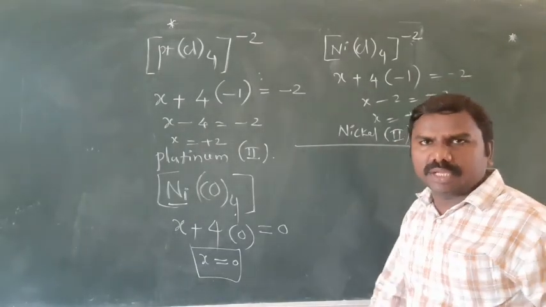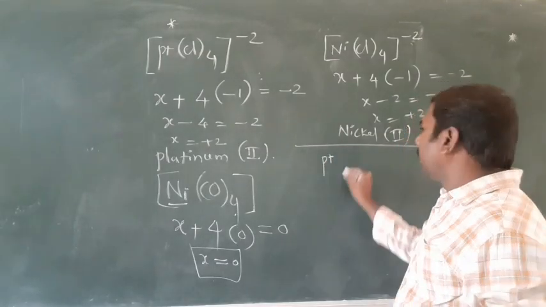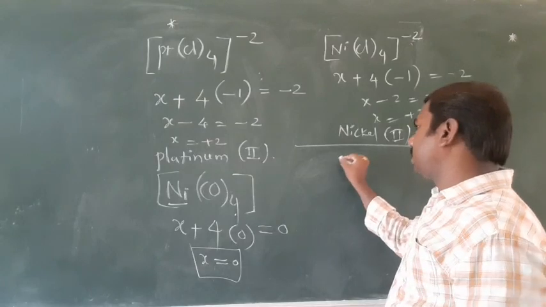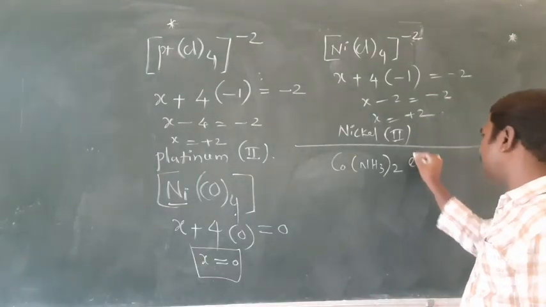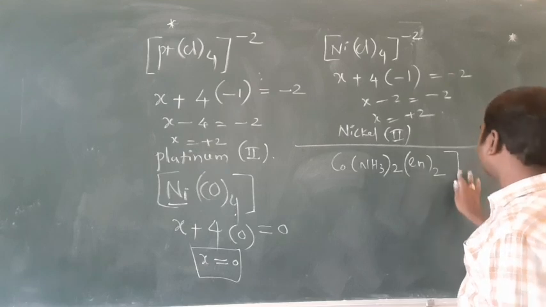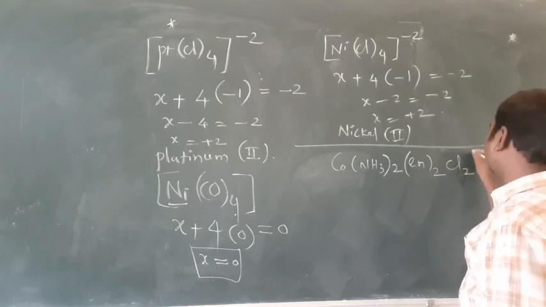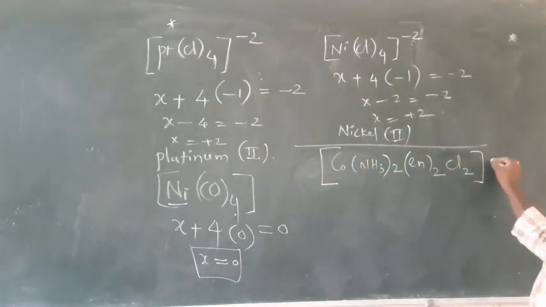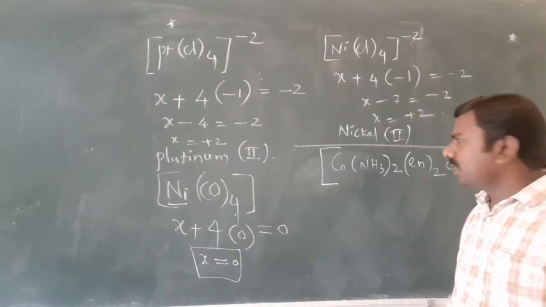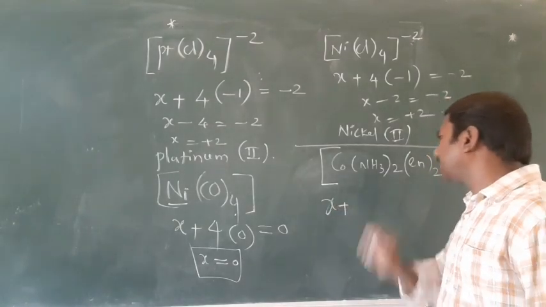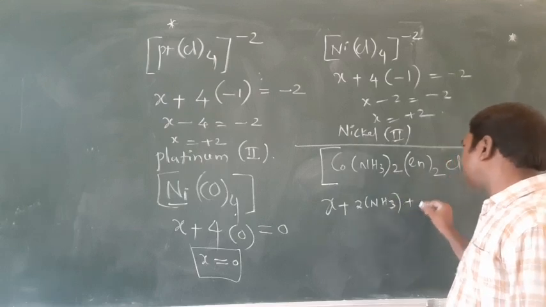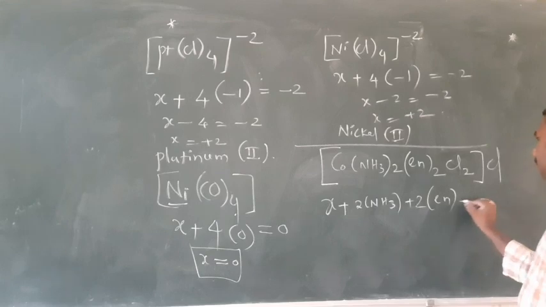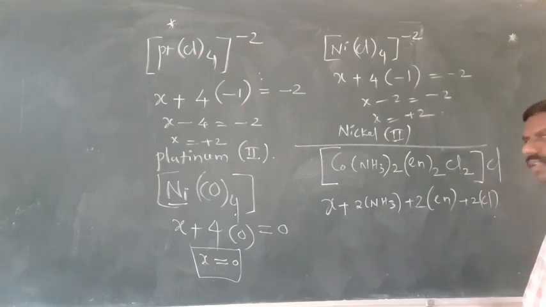Another one, you can observe carefully: [Co(NH3)2(en)2Cl2]Cl. The central atom is cobalt, considered as X. NH3 is a neutral ligand, 2 NH3s, plus 2 en, ethylene diamine, plus 2 Cl, plus outside one more Cl.